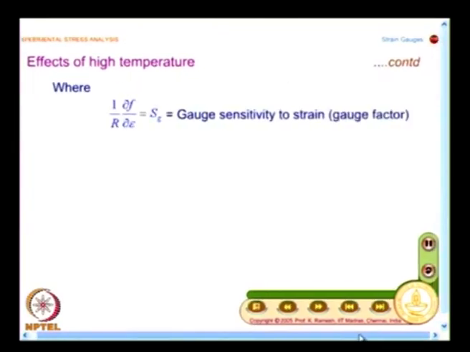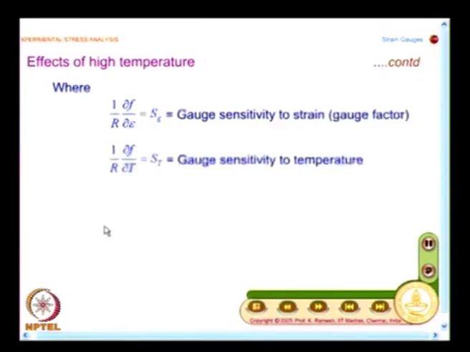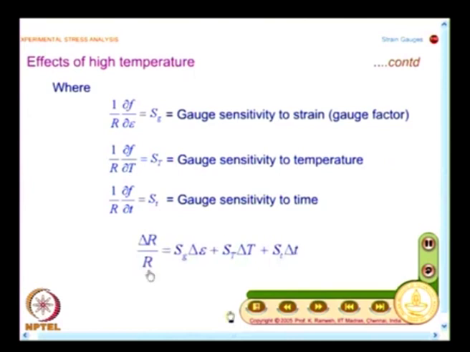The expression for delta R by R can now be thought of as Sg into delta ε plus ST into delta T, and the nuisance factor is St into delta t. So, you have a factor of time coming into the picture.